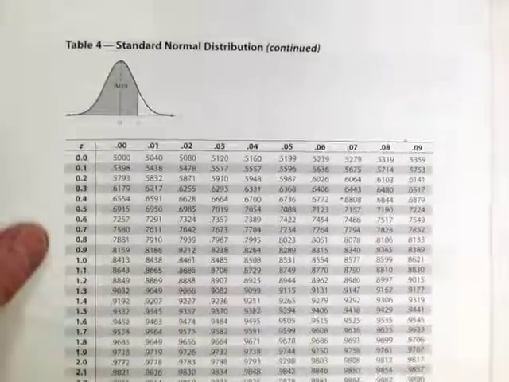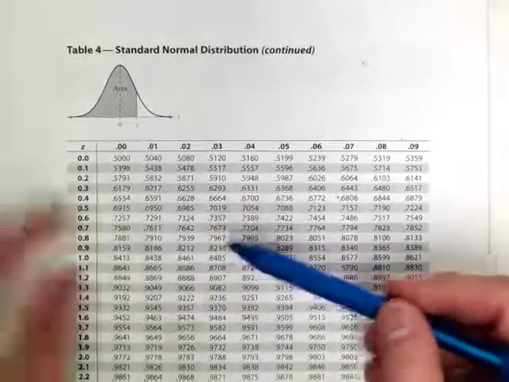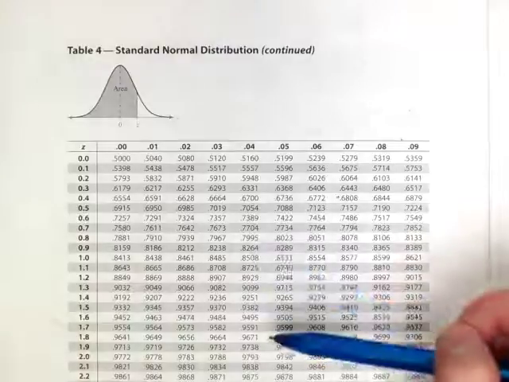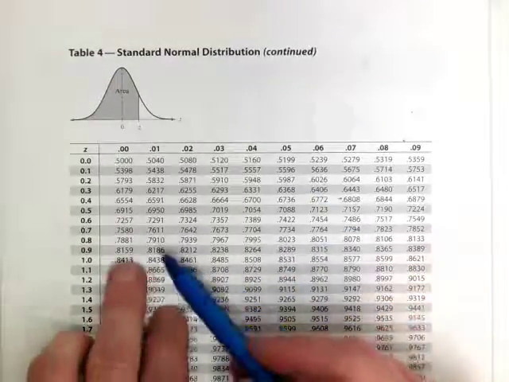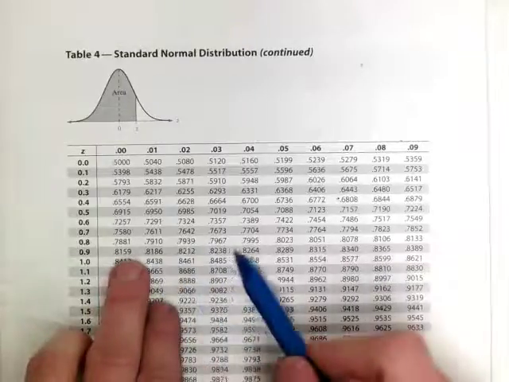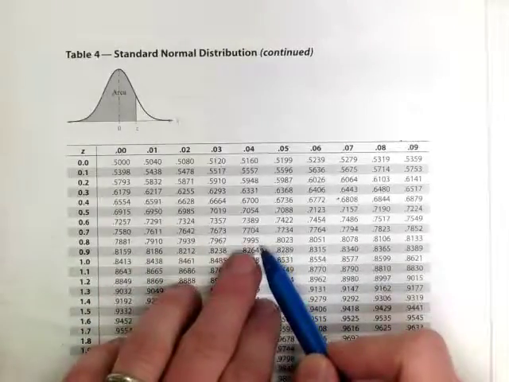In this situation, I'm going to be reading in the body of the table and then outward as close as I can get to that z-score. So 0.8 for a cumulative area.